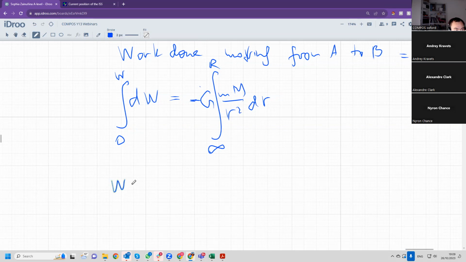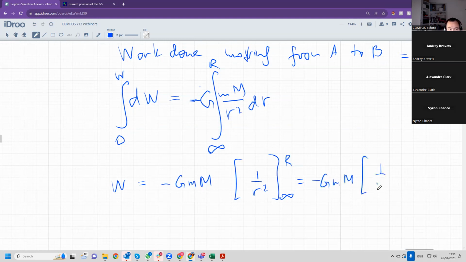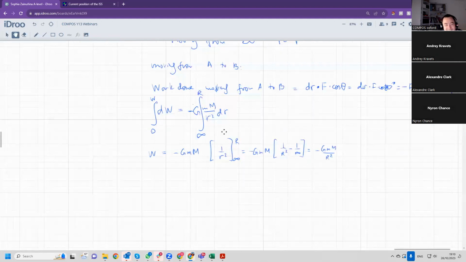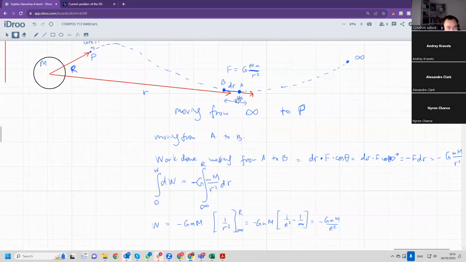This is just W, the work done, and is equal to minus GM times 1 over r squared, from infinity to R. So minus GM times 1 over R squared minus 1 over infinity, which gives you minus GM over R squared. I did not mess it up. I am happy. I usually get the sign wrong because of this.